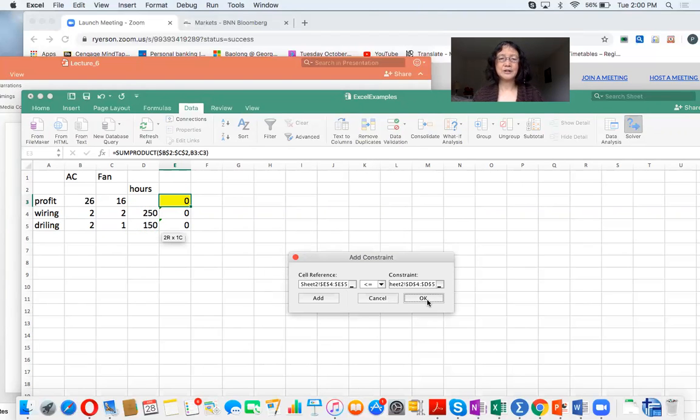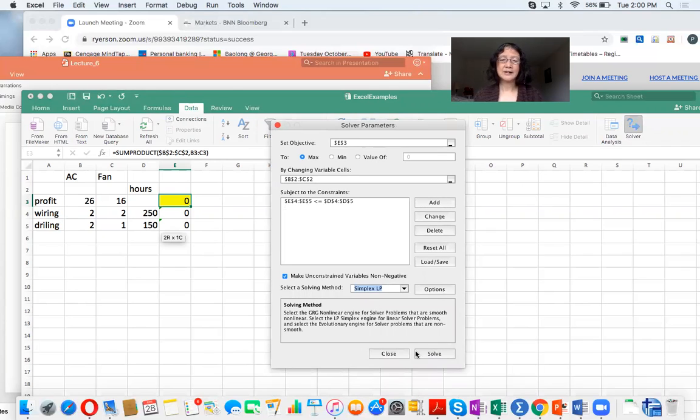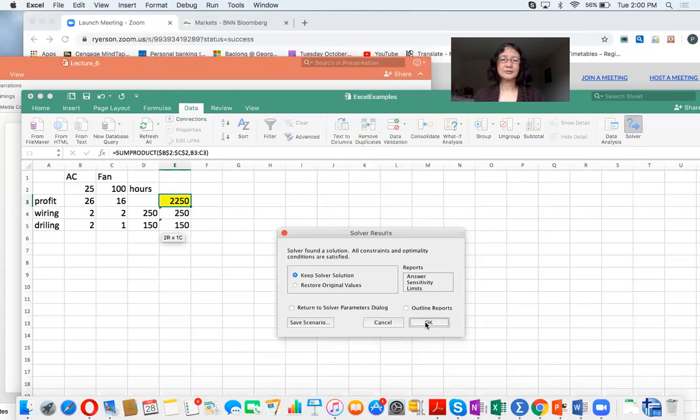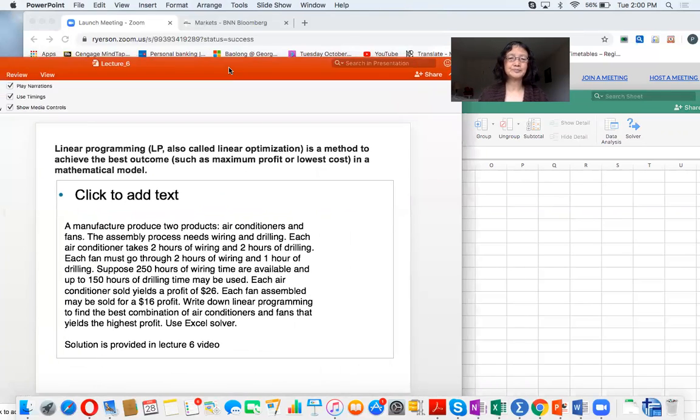And click OK button. And make sure you select simple linear programming. And then you click solve, click OK button. See, you get the answer. X is 25, Y is 100. Okay, so this is using Excel solver to solve this problem.